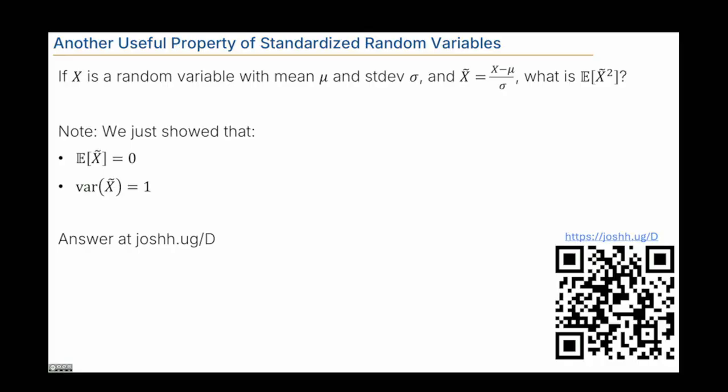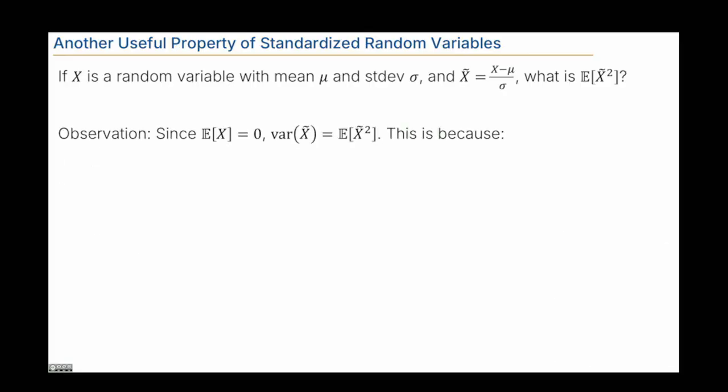Okay. All right. So how do we solve this? Well, we know that the expectation of x tilde is 0, of course, and we know that the variance of x tilde is equal to, and this is the interesting trick, in this case just the expectation of x tilde squared. And that's because, of course, the variance, we just said, is the expectation of the square of the random variable minus the square of the expectation.